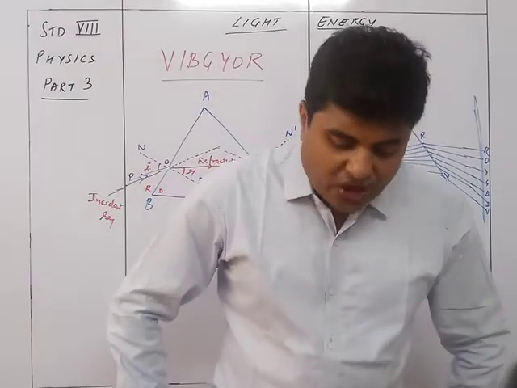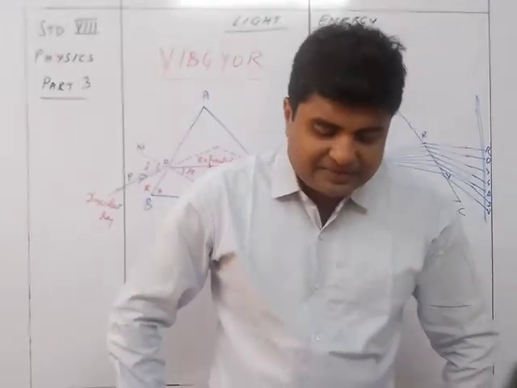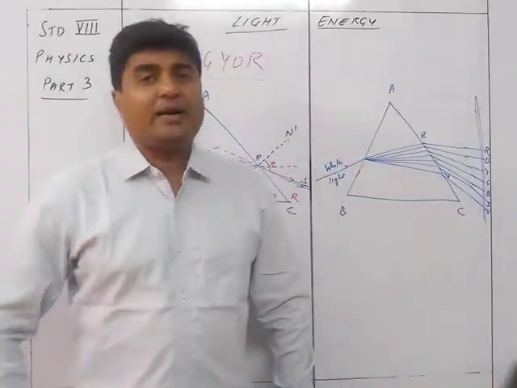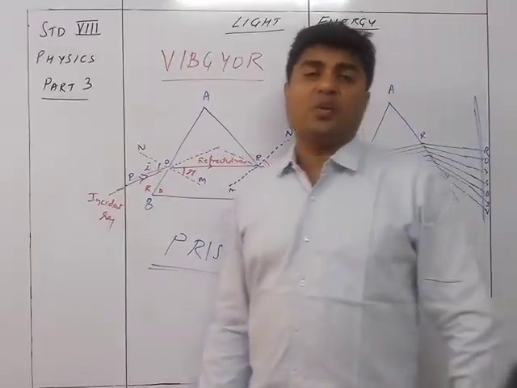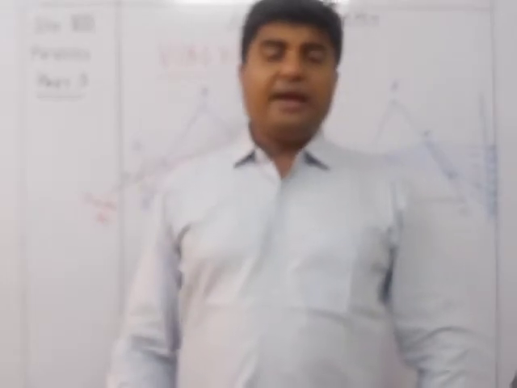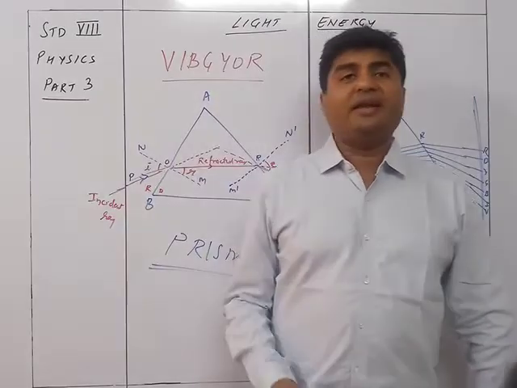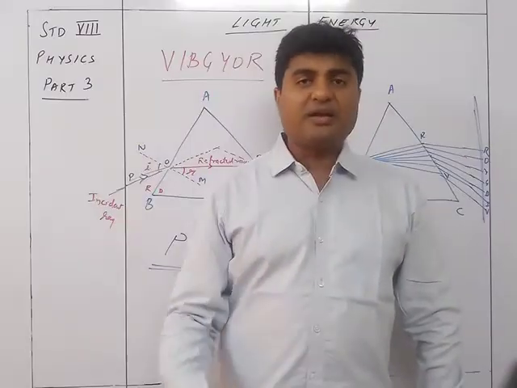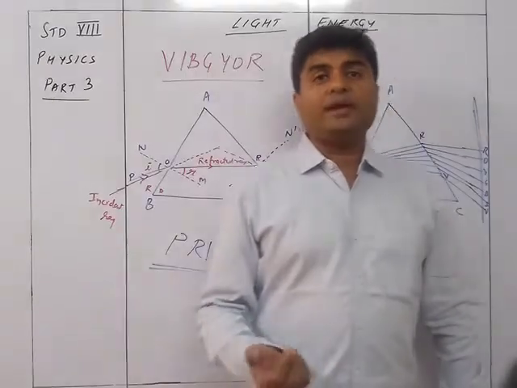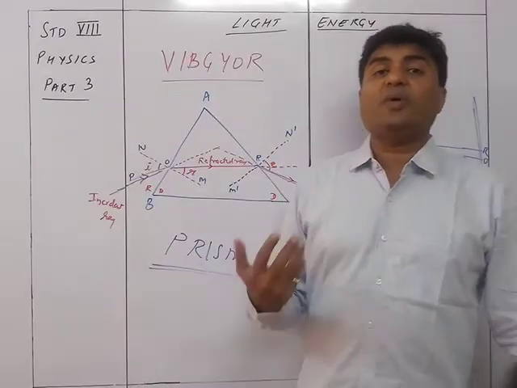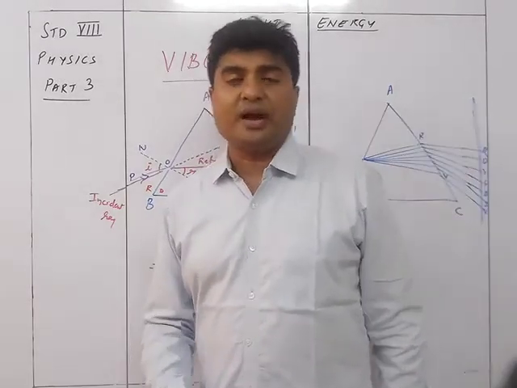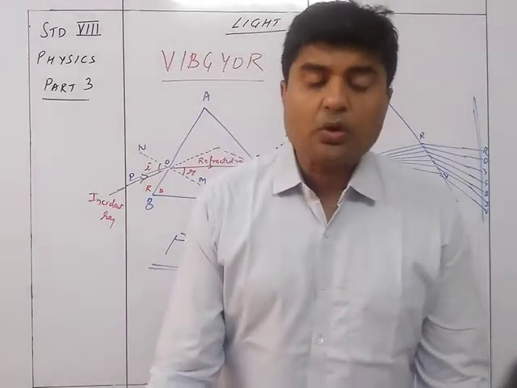Note that the prism does not produce color, but it simply separates the colors which already exist in the white light. He further did one more thing: instead of taking white light, he took a green light and tried doing the same thing. He found that the green light did not convert into another 7 colors. So it was understood that it was not the prism which was generating the 7 colors, it was the white light which already had 7 colors in it, all together.